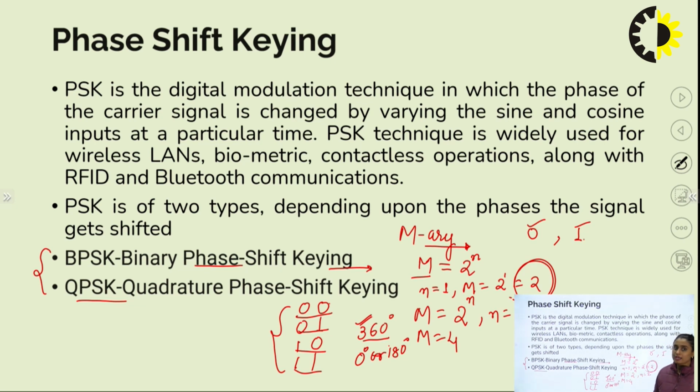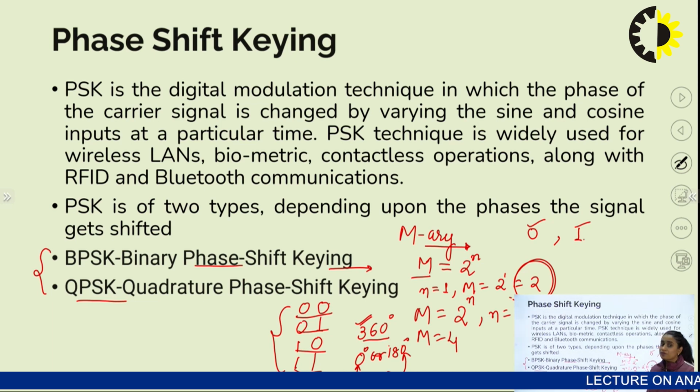So if I consider corresponding to bit 1, there is no phase variation, that is 0° phase variation. Corresponding to bit 0, there will be 180° phase variation, right?